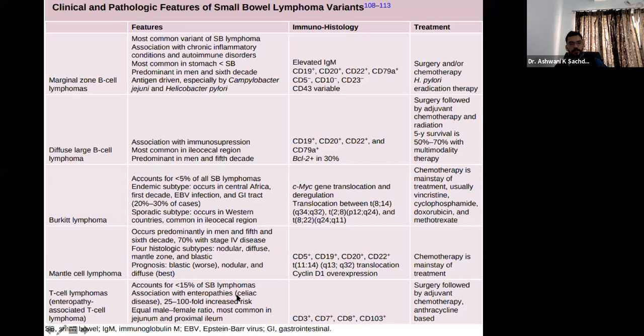They account for less than 15% of small bowel lymphomas. Chemotherapy is usually indicated, but surgery in case there are symptoms.